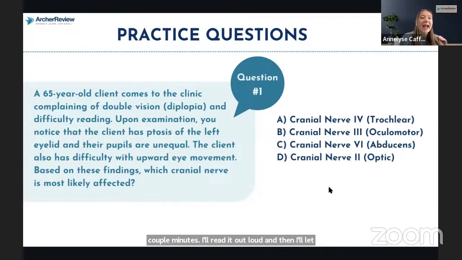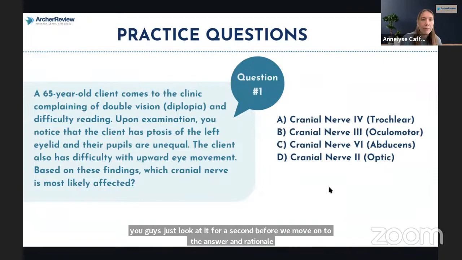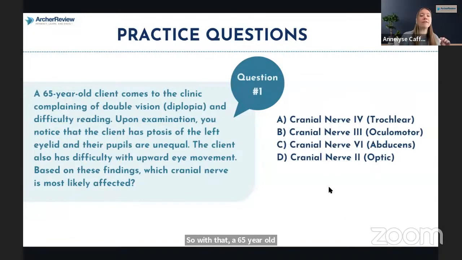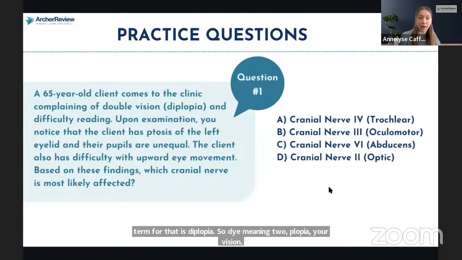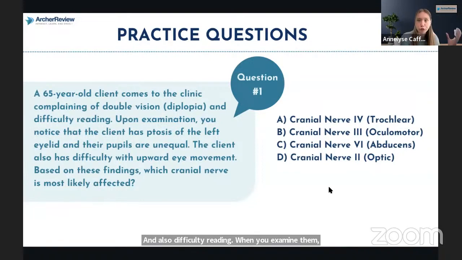A 65-year-old client comes to the clinic complaining of double vision, or the medical term, diplopia, di meaning two, plopia, your vision, and also difficulty reading. When you examine them, you notice the client has ptosis, or drooping, of the left eyelid, and their pupils are unequal. The client is also having difficulty with their upward eye movement.